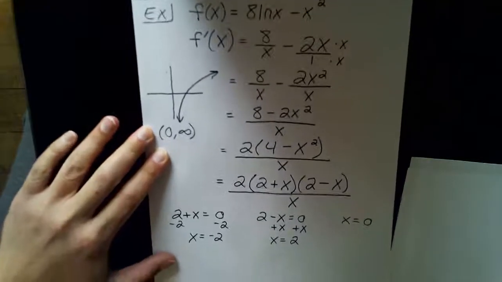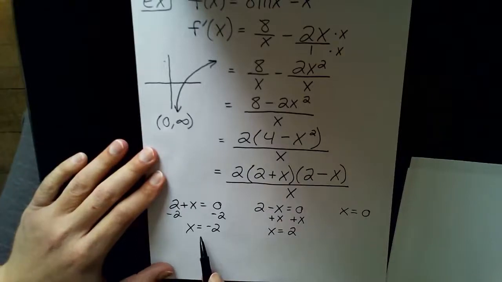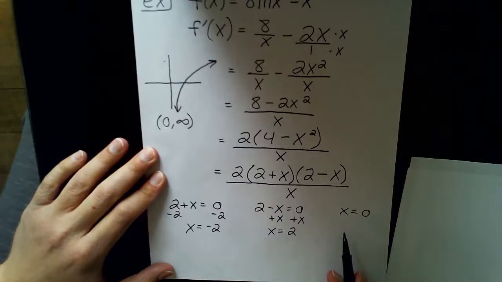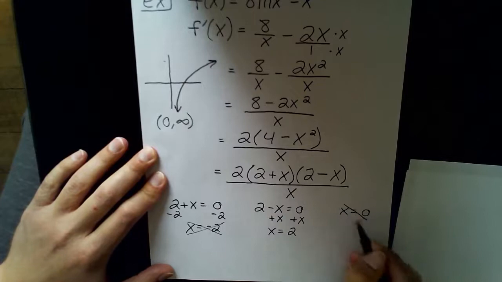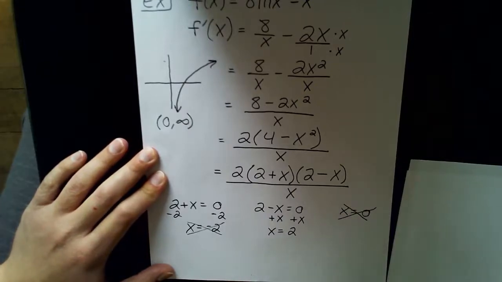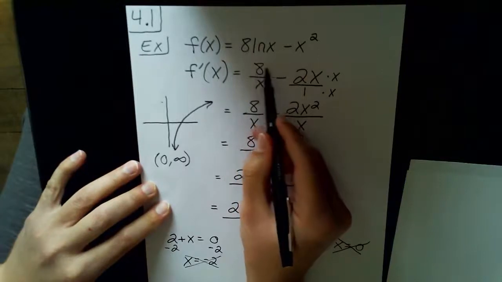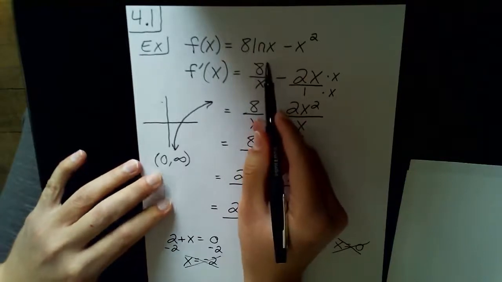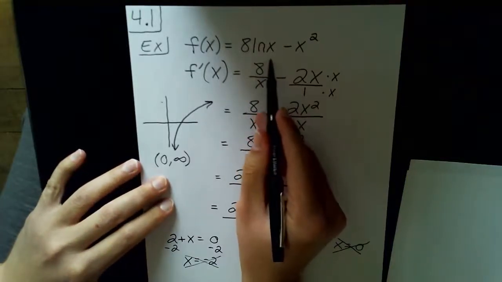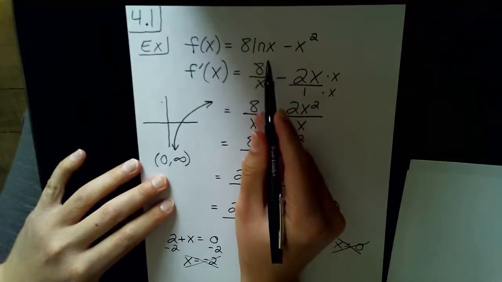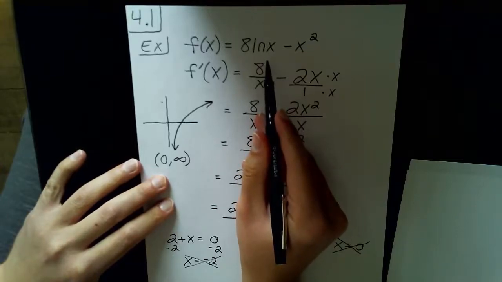So going back to this step here, these 3 partition numbers we found, we can immediately eliminate x equals negative 2 and x equals 0 because neither of those can be plugged into the natural log of x. It will give us an undefined or does not exist, so they are not critical numbers.